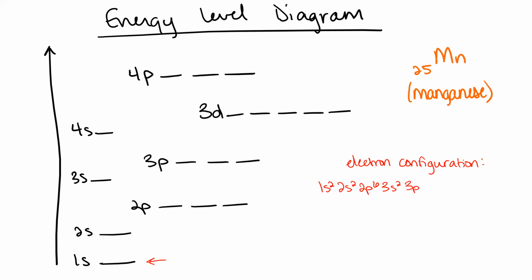So we go to 3p6 to show that we have all of our p orbitals filled. And now we're going to make it into our fourth energy level, which is 4s2. It's filled the entirety of the s orbital in the fourth energy level. And then now we're going to worry about filling the 3d orbital.